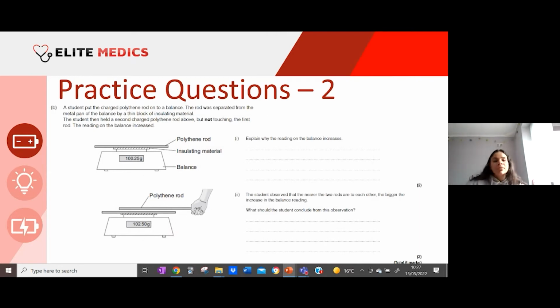Another question. So a student put the charged rod onto a balance. The rod was separated from the metal pan of the balance by a thin block of insulating material. The student then held a second charged polythene rod above, not touching it, and the reading on the balance increased. Explain why the reading on the balance increases. So we put a rod onto the scale, and then we're holding another rod just above it.